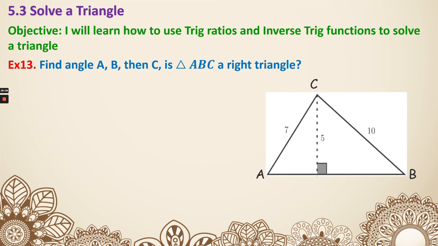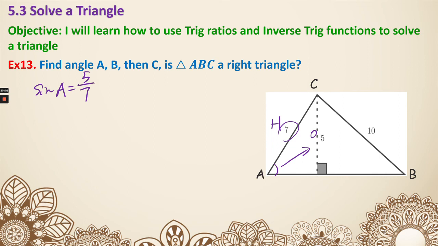Next, example 13. Find angle A, B, then C, and it is asking, is triangle ABC a right triangle? So let's find angle A first. We have 7 and 5. That is the opposite side and the hypotenuse. So that means I'm going to use sine. My sine A is going to be 5/7.